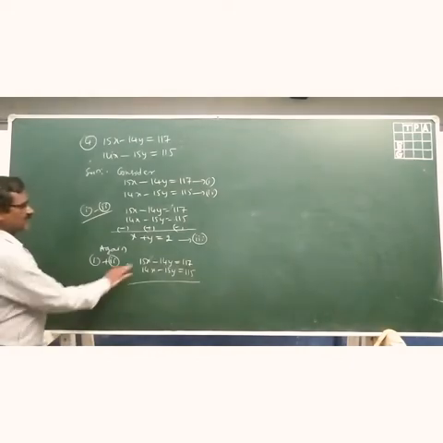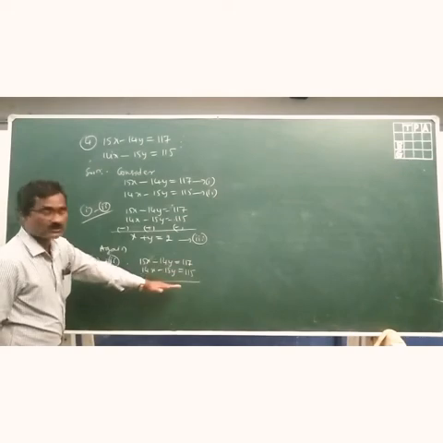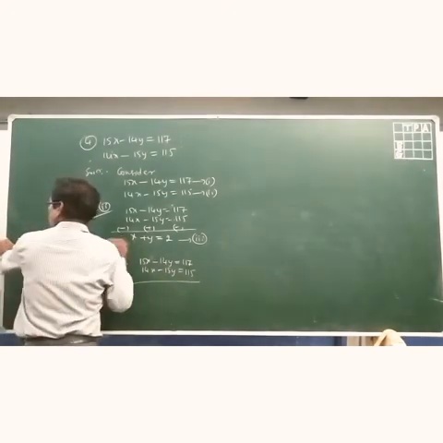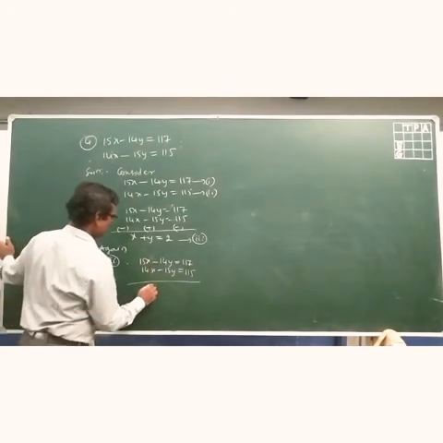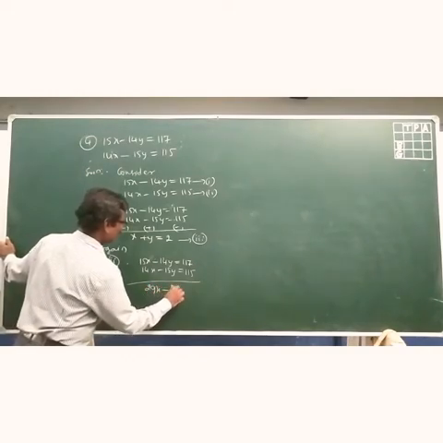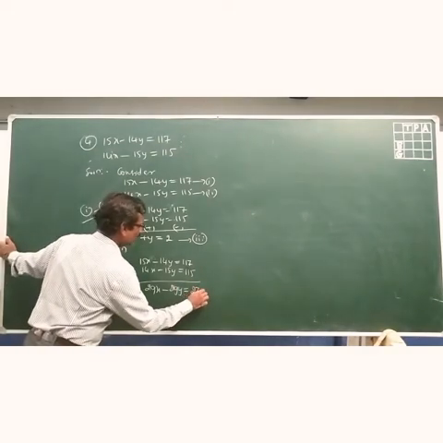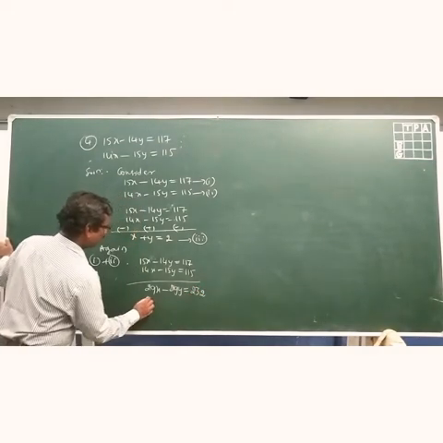As we are adding, there is no change of sign, so we go directly to add. So 15 plus 14 is 29x, minus 14 minus 15 is minus 29y, is equal to 232.